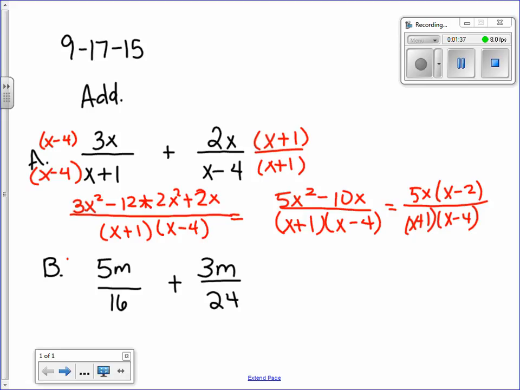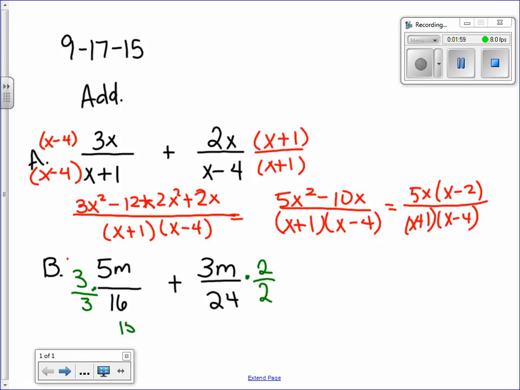Okay, now what happens down here? Yeah, you have to find a common denominator. What was the common denominator? 48. Alright. So this one must have needed a 2. And this one didn't have a 3.